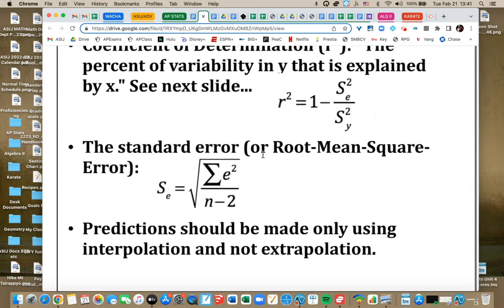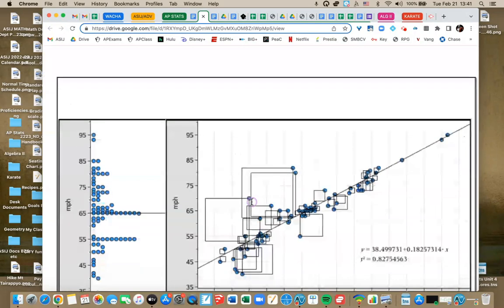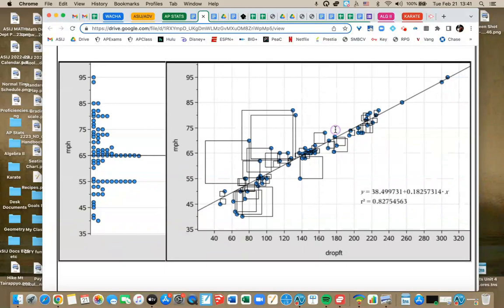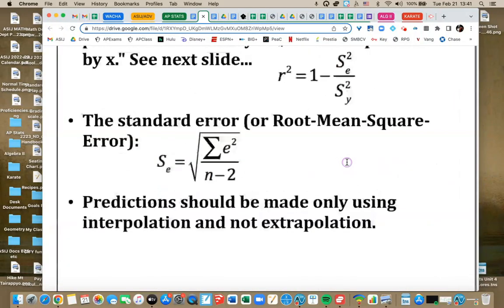Anyway, the standard error is just like when we do standard deviation, it's an average residual, basically. So we're talking about an average error. If I look at all these little squares that were made by the data points and my regression line, all those little squares are being added up, and we're taking an average of all those to figure out what our standard error is.